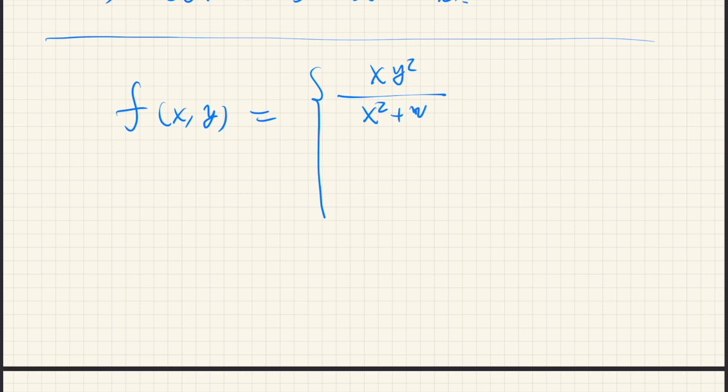Next, consider this example. Let's define a function f of x and y as follows. This is equal to x y squared over x squared plus y squared. This is the function we have considered before. This is defined when x y is not 0, 0.